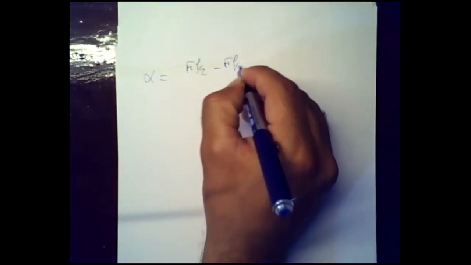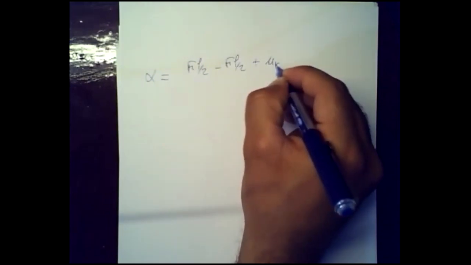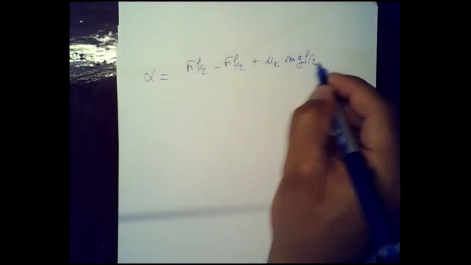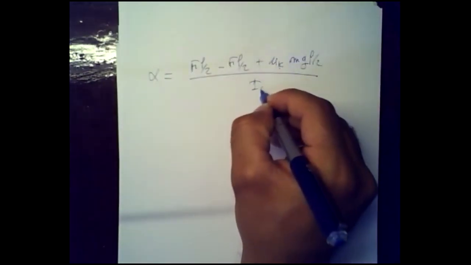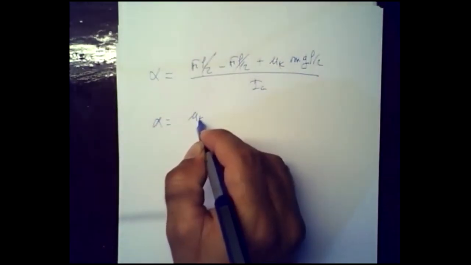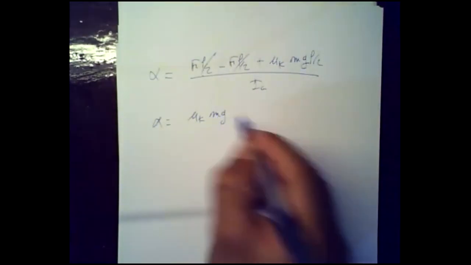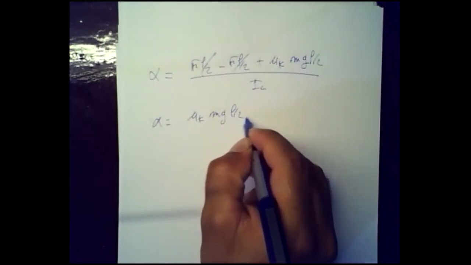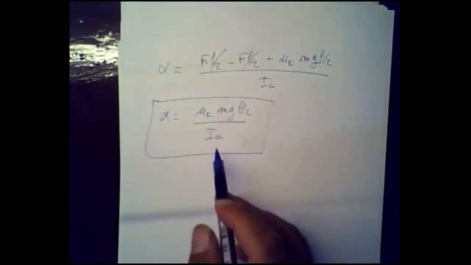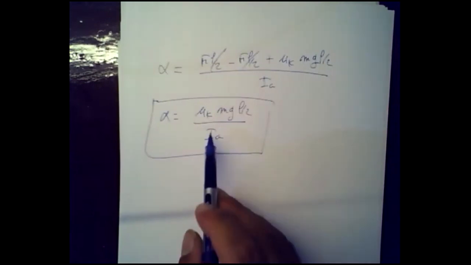Actually, it cancels out, so minus F L over 2 plus mu k mg times L over 2, and then this whole thing is divided by Ig. So this is canceling out, so alpha is equal to mu k times mg L over 2 divided by Ig. So here, alpha is actually positive, right?